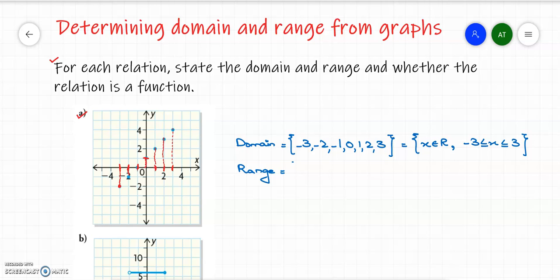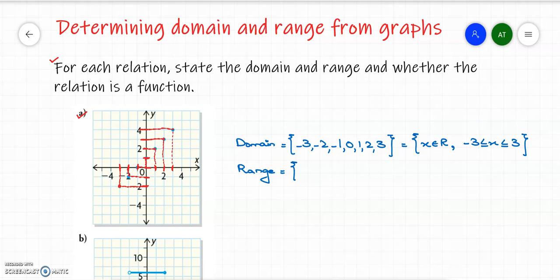Let me write down the range. Okay, now again the range are the y values. So put the pointer on the first dot and the y value is -2, -1, 0, 1, 2, 3, and 4.